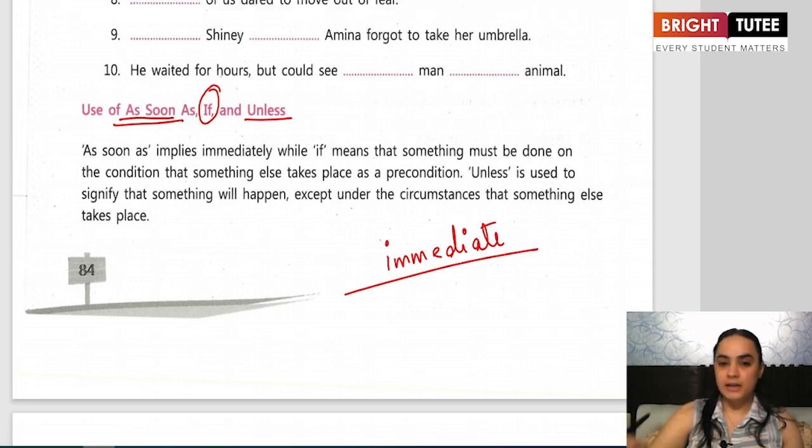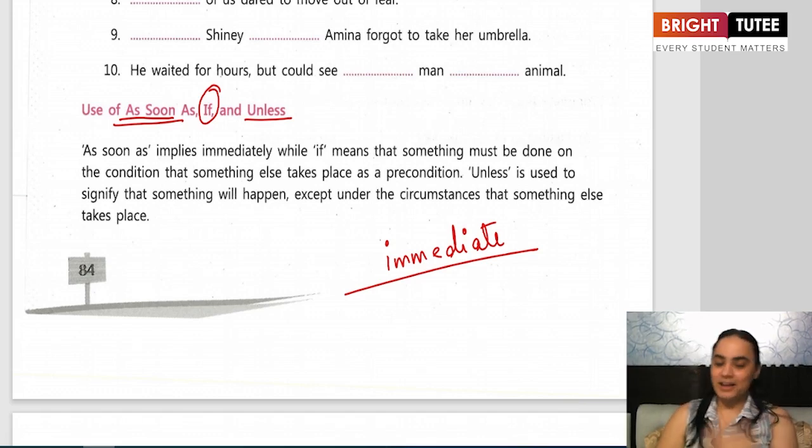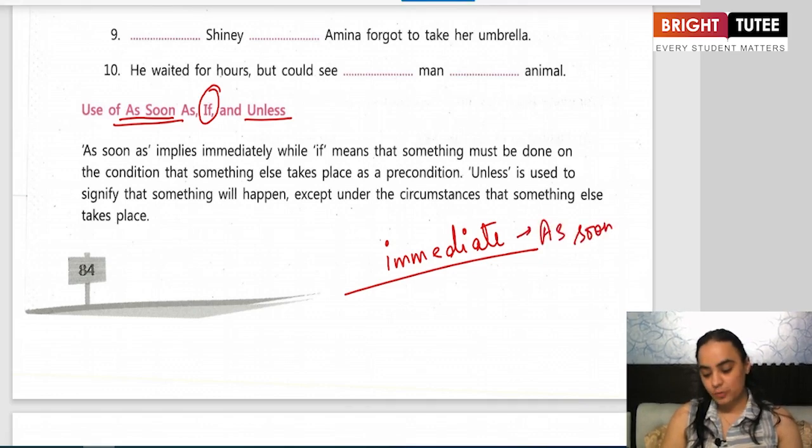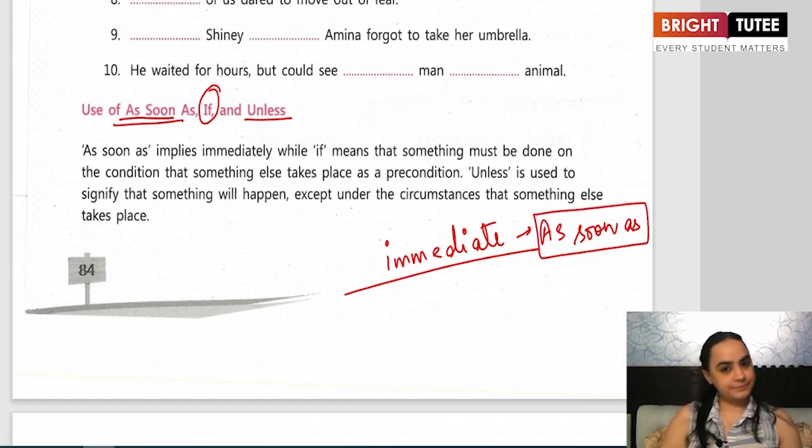As soon as it started to rain, I immediately ran inside the house. As soon as I saw my brother, I hugged him. So immediate action again. As soon as I saw a chocolate in the refrigerator, I ate it. Again, something which is immediate. So something which is talking about a thing which took place immediately, or the reflection of that was very immediate. We use as soon as for that.